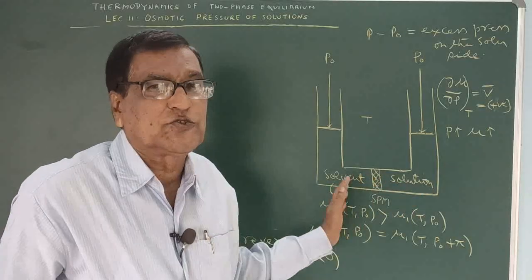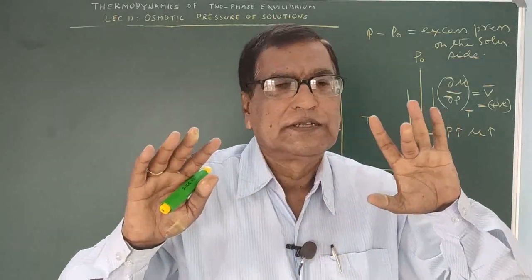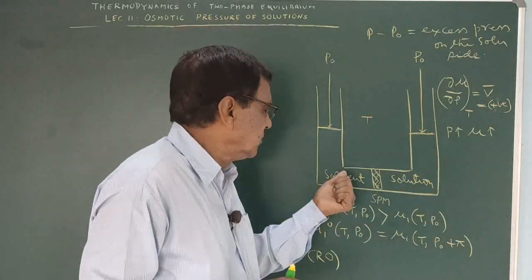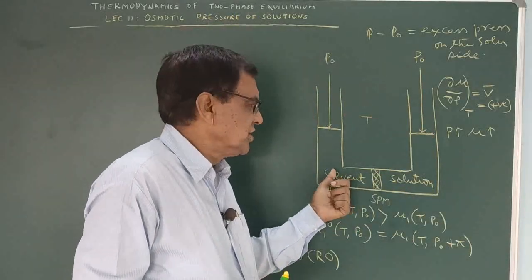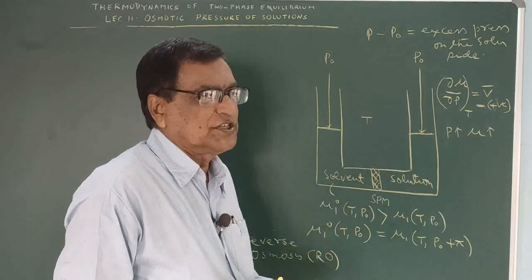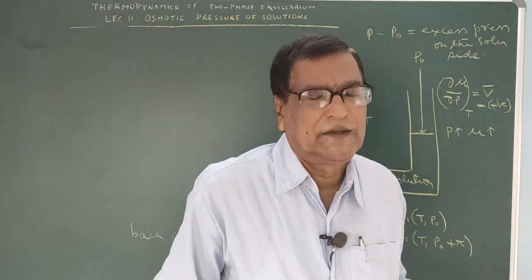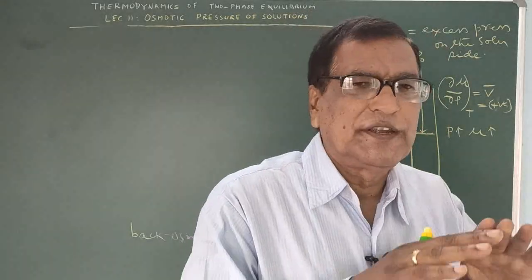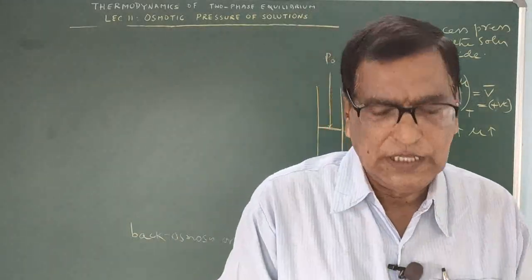In that case also osmosis will occur, and the solvent will move from the lower concentration solution to the higher concentration solution until the chemical potential of the solvent in both the cases becomes equal.